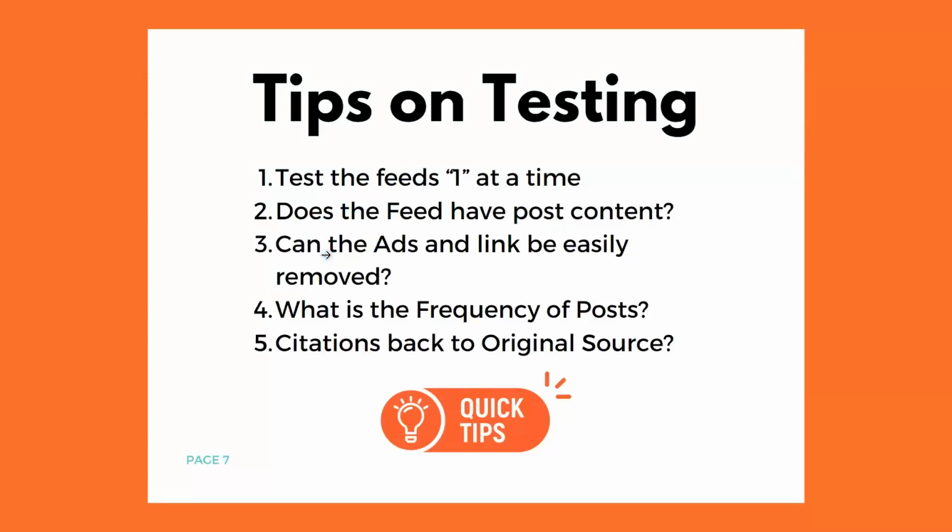These are the things that we evaluate when we're building a mash with an RSS feed. Does the feed have post content? An RSS feed has two text blocks. It has a description and a content. Content is usually where they put the blog post content straight off the blog. Okay.